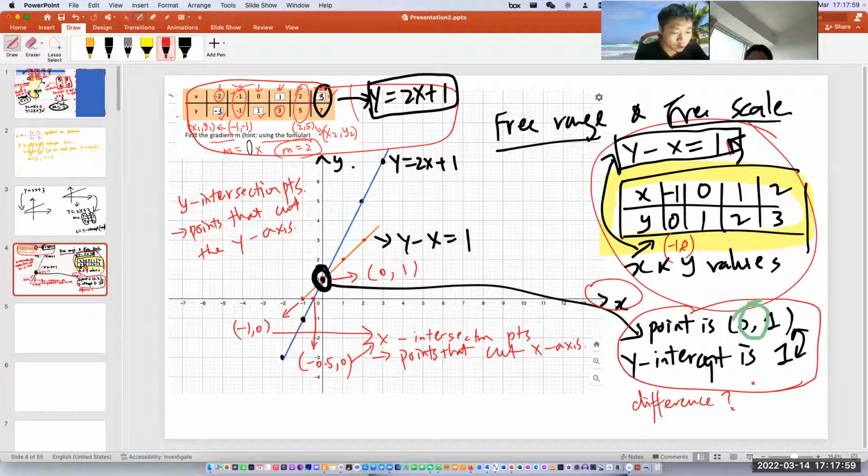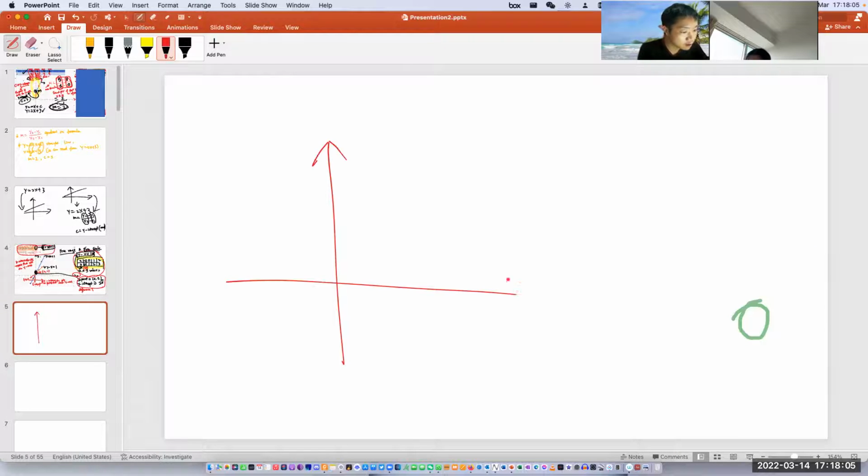Always remember, if you are given a graph, let's say this is 0, this is 1, this is 2. This is a point, and this point is 1, 2.